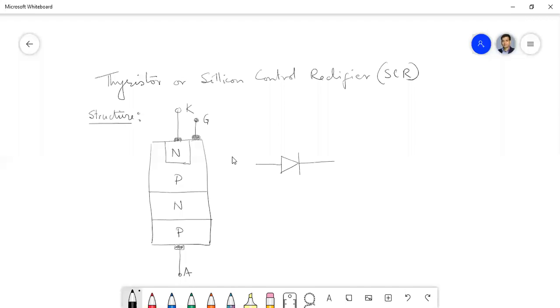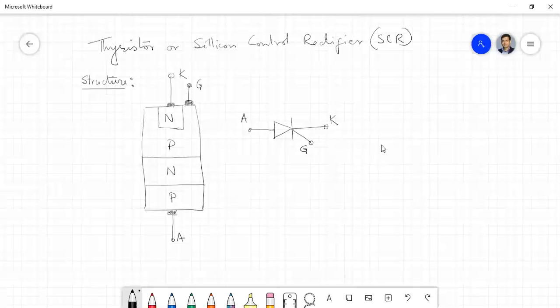The symbol by which we draw this in a circuit is like this. It's like a normal diode, and you have anode and cathode. So this is the anode and this is the cathode, and you have a third terminal which is called the gate terminal. So this is the symbol of a thyristor.